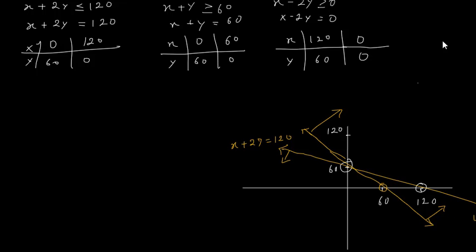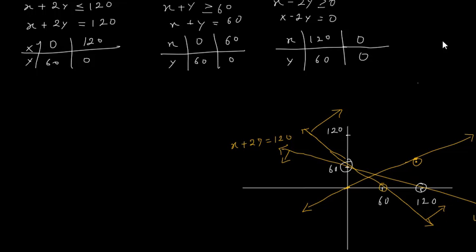Now third is 0, 0 and 120, 60. So 120, 60, I have point somewhere here. 0, 0 is somewhere here. So I join these 2 lines. It will go like this.